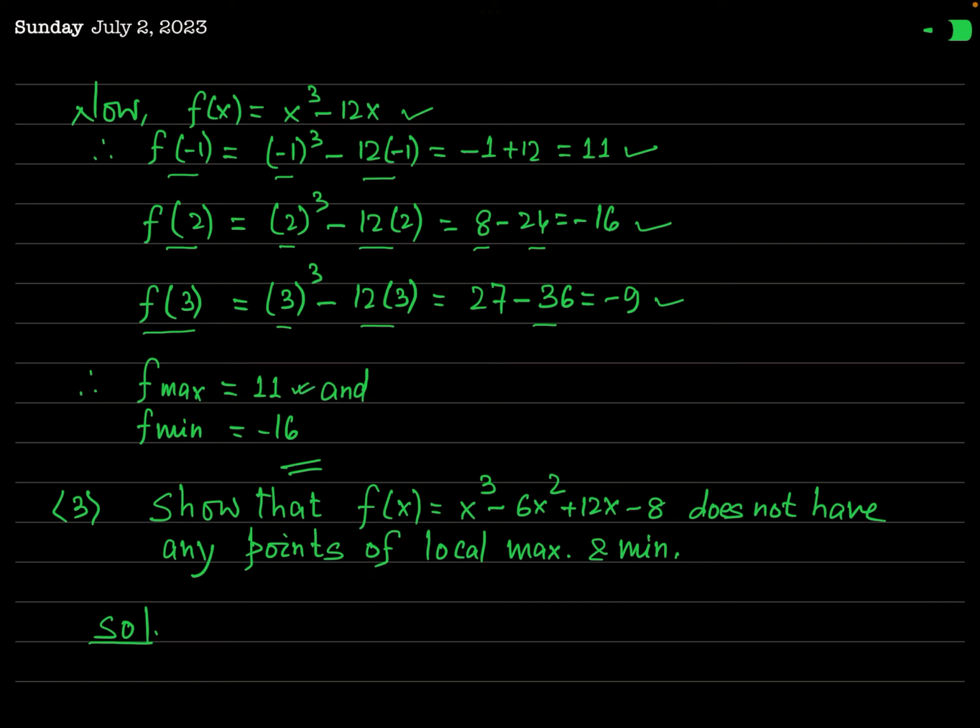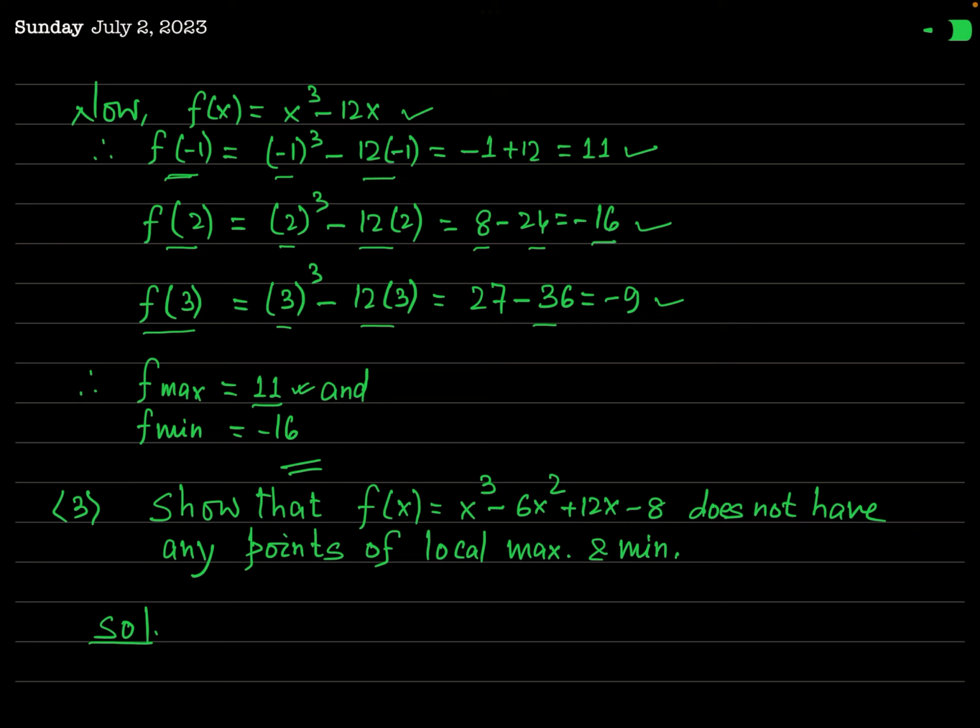So you can say that when x is equal to minus 1, then our function is maximum, and its maximum value is 11. Okay. And among these 3 values, this minus 16 is the least value of our function.